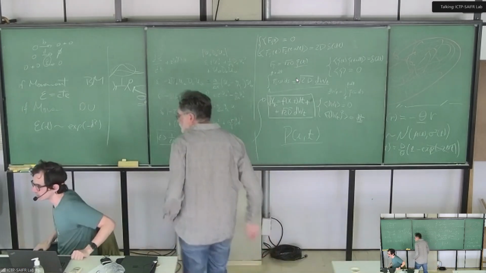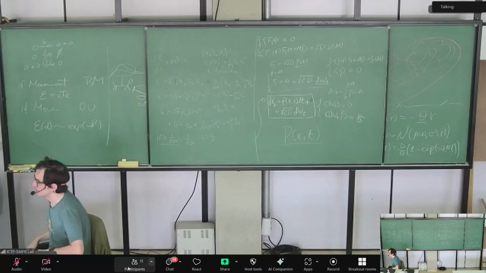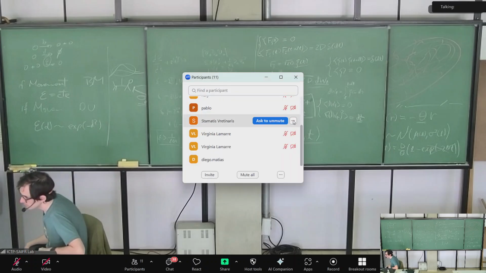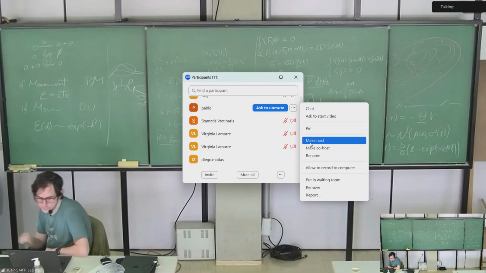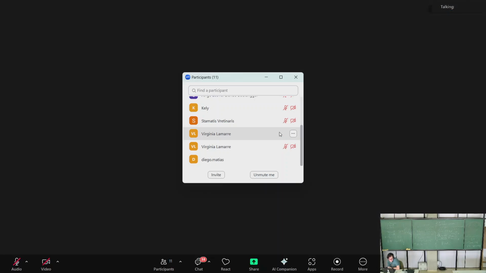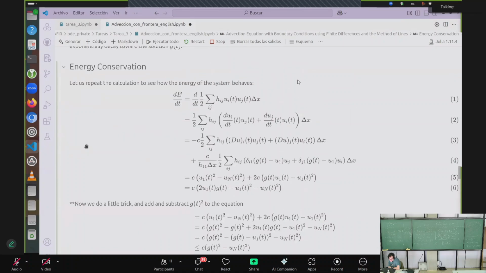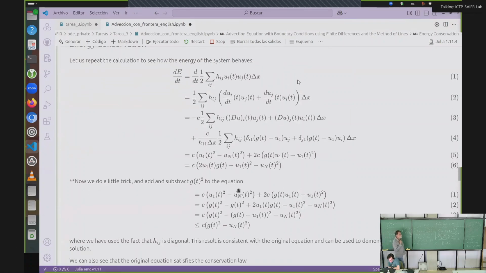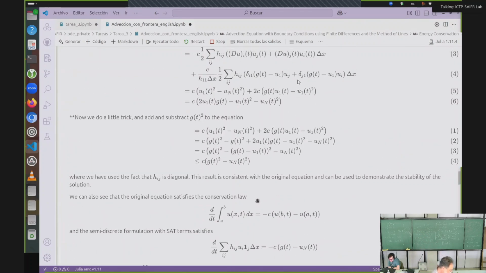My Zoom session has some issues. So I will verify this equation later, so it's working perfectly. Okay.